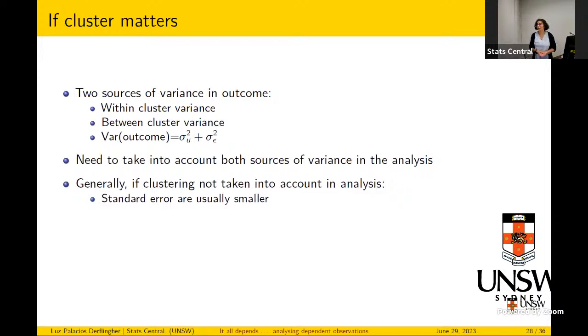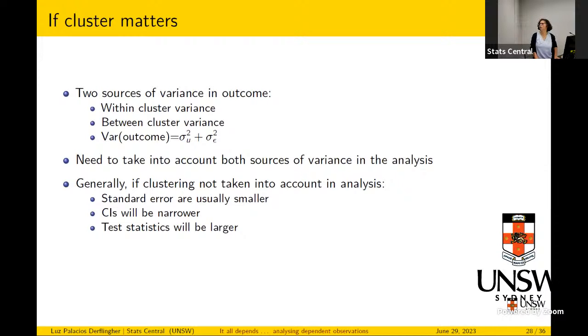So generally, if clustering is not taken into account, and when it should, the standard errors are usually smaller, and that's what we saw in our regression example. The confidence intervals will be narrower, and that's what we saw. The test statistic, in this case, I didn't talk about p-values or test statistics, but a lot of people calculate p-values, use test statistics.